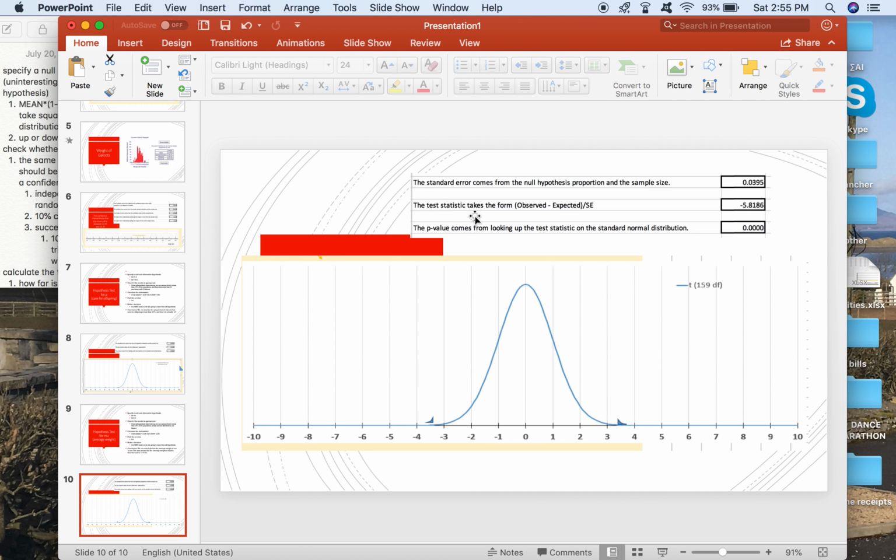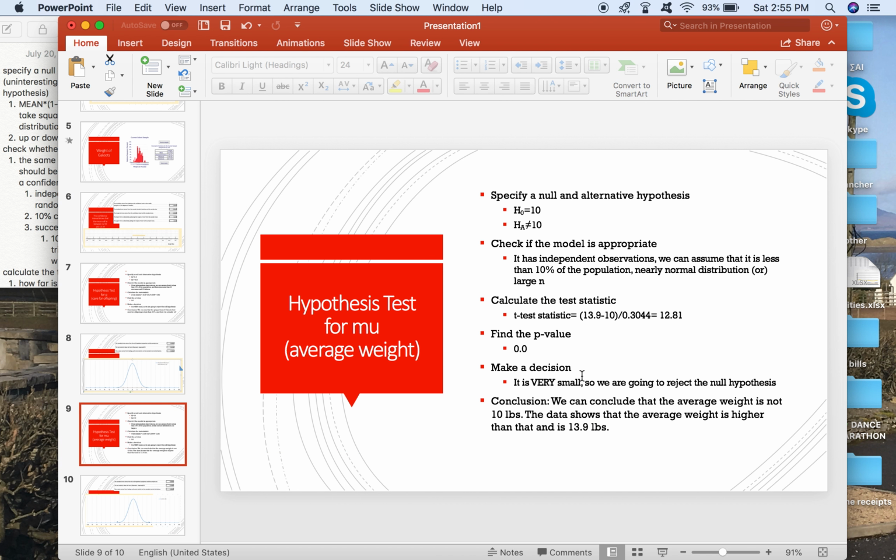The test statistic was negative 5.8186, which I mentioned earlier that I rounded, and our p-value was 0. Again, it was very small, so I rejected the null hypothesis. We can conclude that the average weight is not 10 pounds, and that the data shows that the average weight is higher than that, and it is 13.9 pounds.